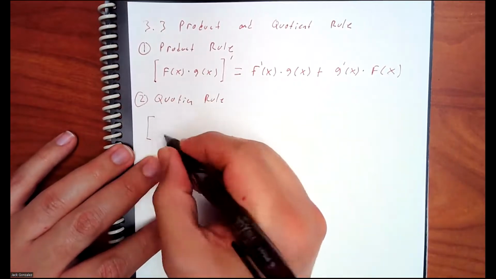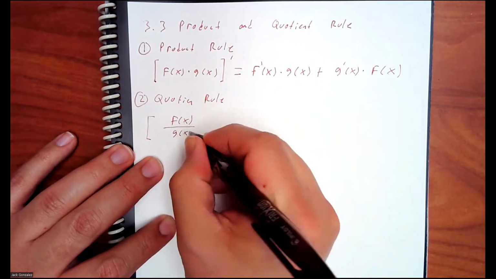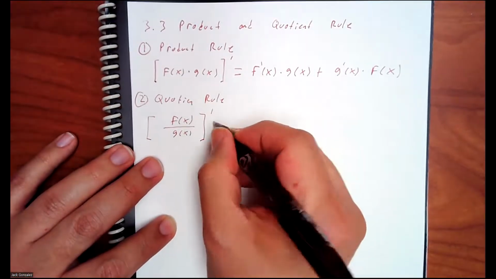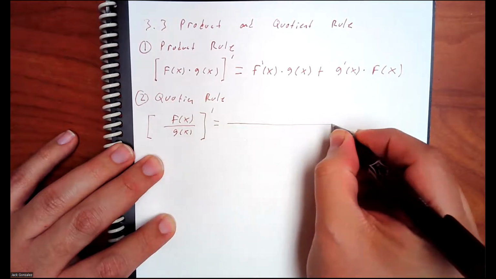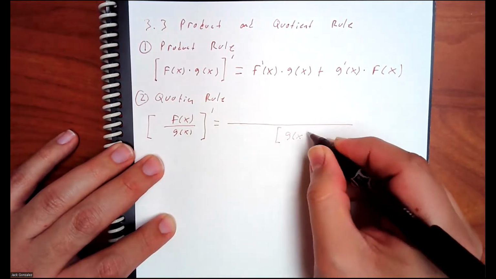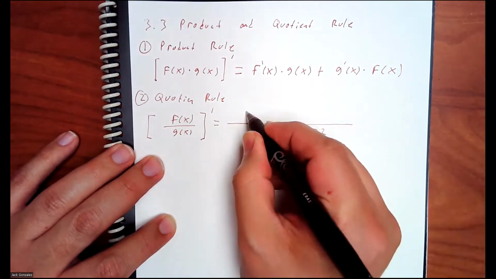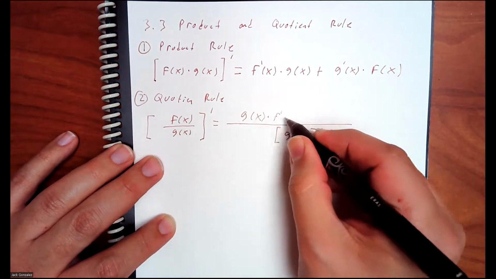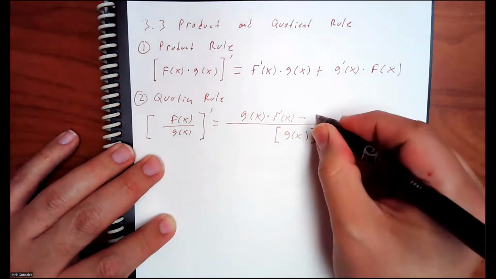So if you have two functions being divided, f over g, and of course g cannot be 0, which we'll make a note of in a moment, this will equal the g function squared on the bottom, and on top you have g times f prime minus f times g prime.